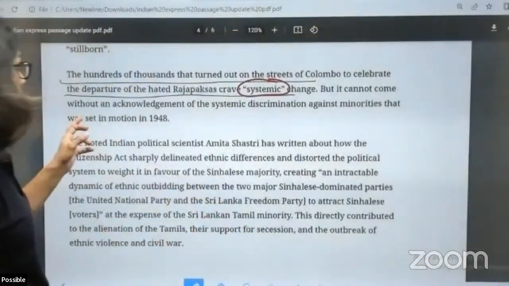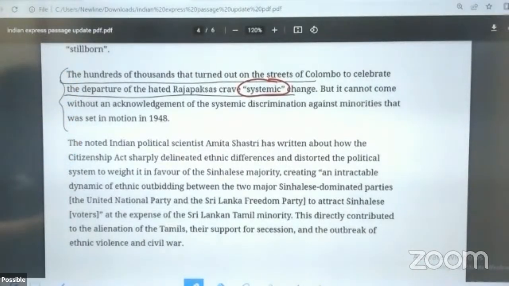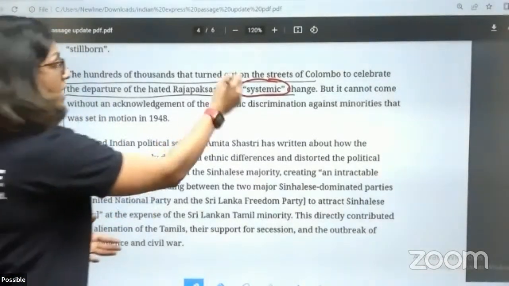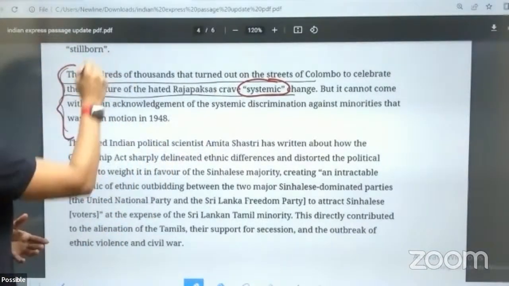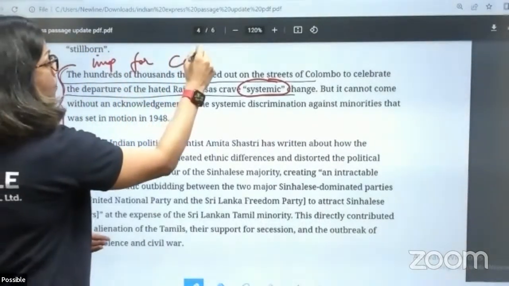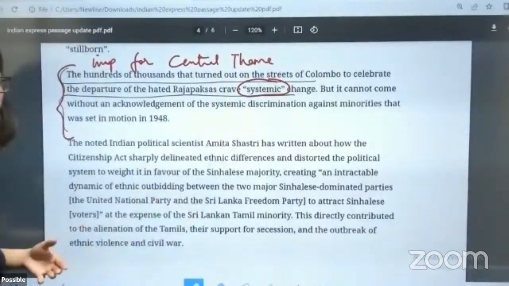Right? So again, the author repeats this paragraph in the middle of history and in the middle of another paragraph where the author has said it already. So this means now this paragraph is important for central theme. This is how you recognize, because you will not be told.